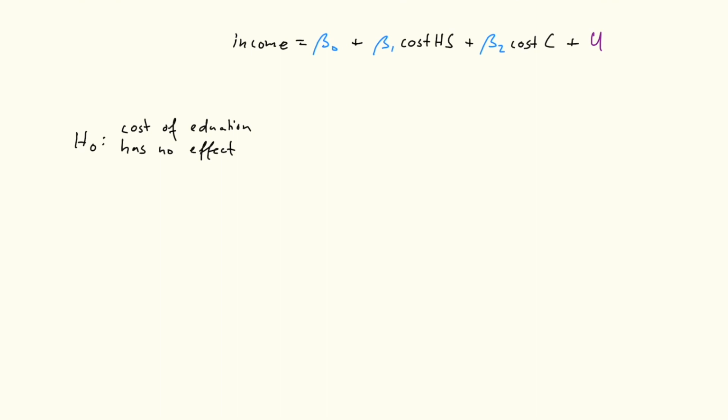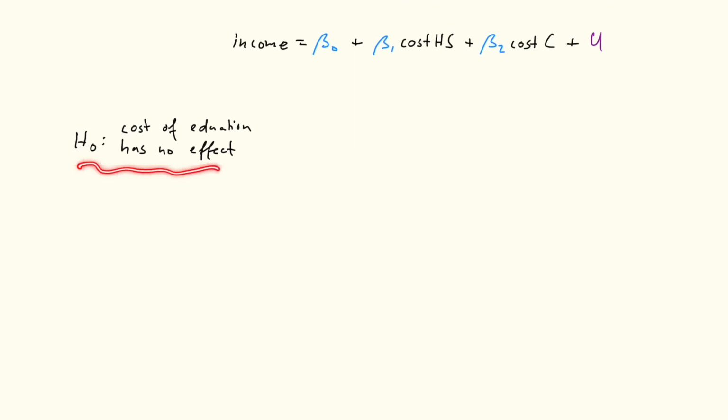But now we have two coefficients that represent effects of the cost of education. If we are saying cost of education never matters, it means it doesn't matter in high school and it doesn't matter in college.